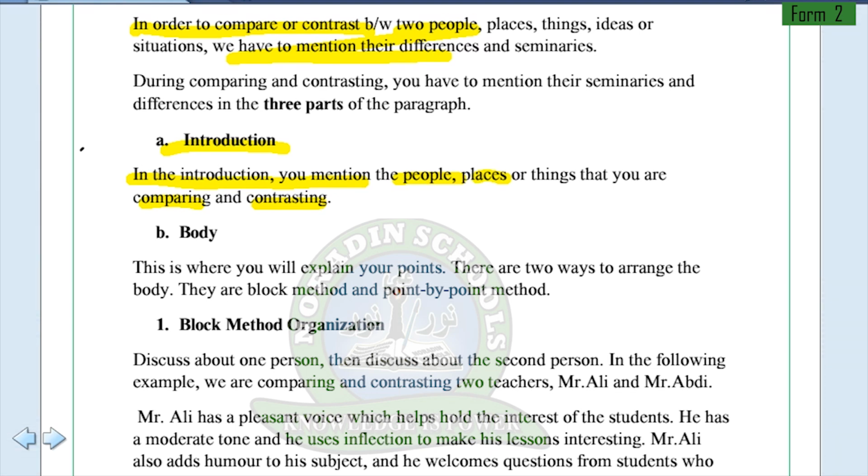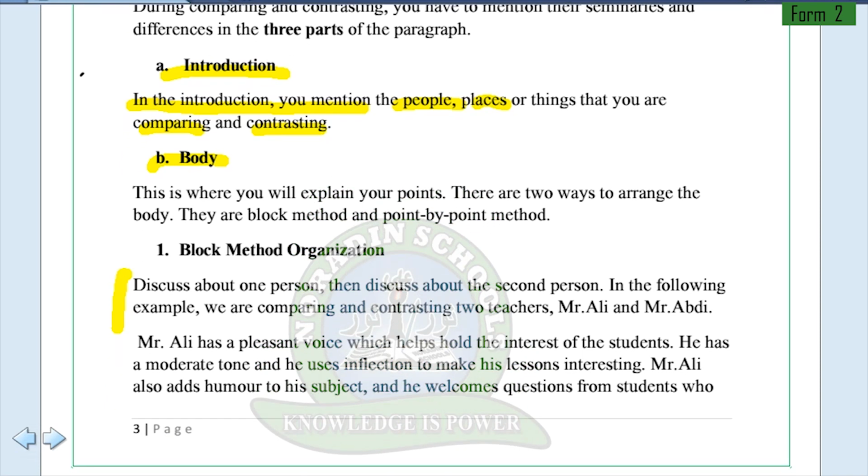In the body, what do you need? In the body paragraph, this is where you will explain your points, your ideas of comparing or contrasting.